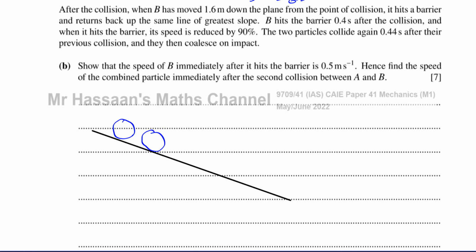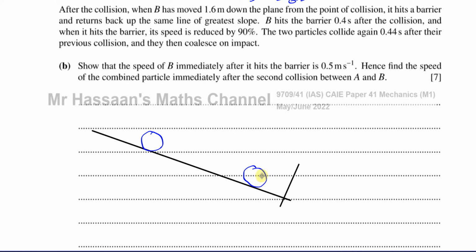So A and B collide at a certain point. B is going down faster than A after they collide. B hits this barrier. B is accelerating and A is also accelerating, but B hits the barrier, then loses like 90% of its speed and comes back up again for a little while.